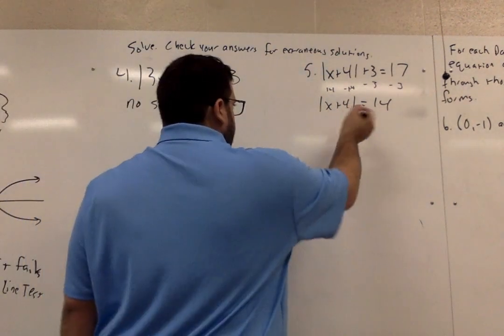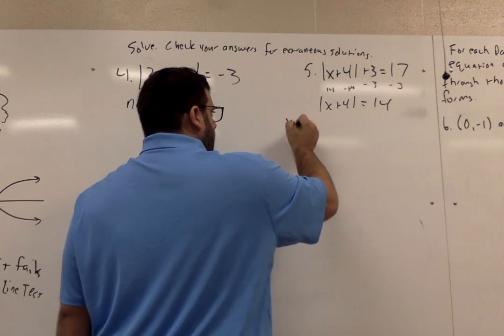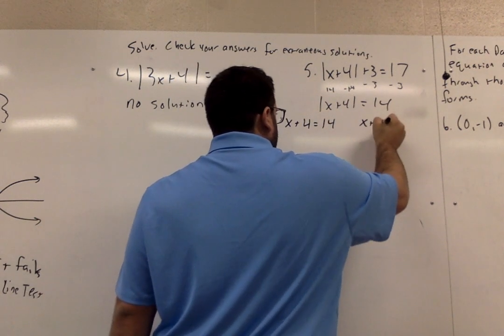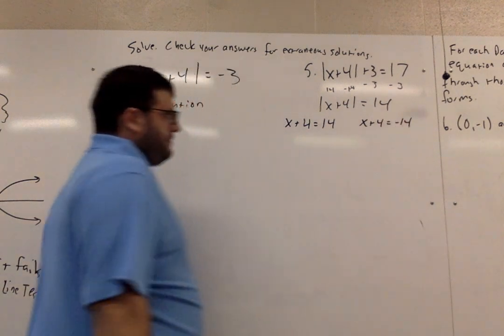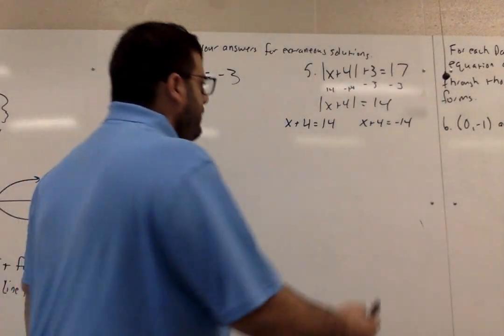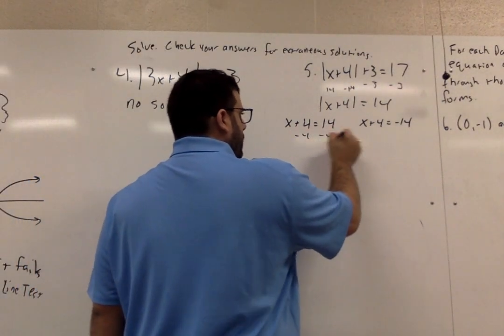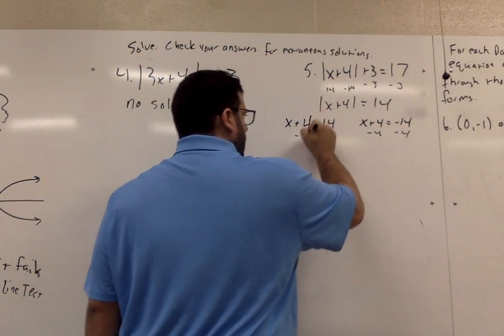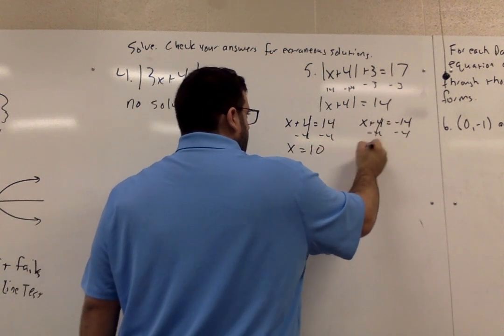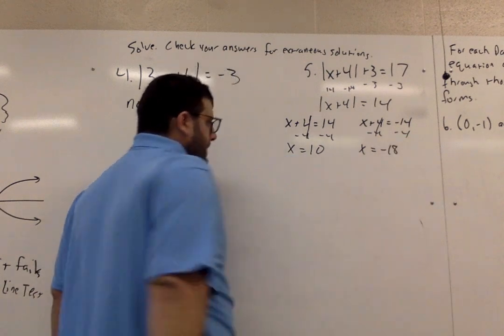So I need to split this up to where x plus 4 can either be equal to positive 14 or negative 14. And then I'm going to solve each one. So subtract 4. So x is equal to 10 here. X is equal to negative 18 here.